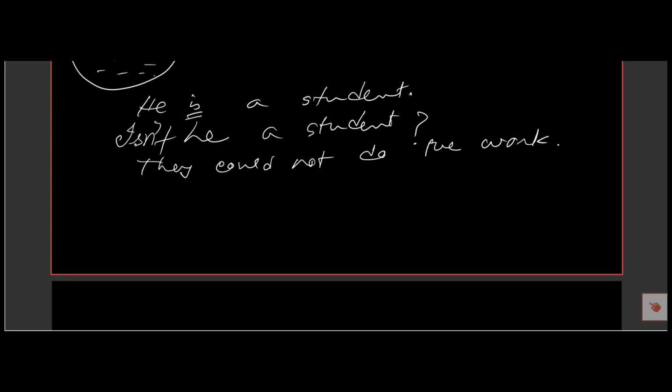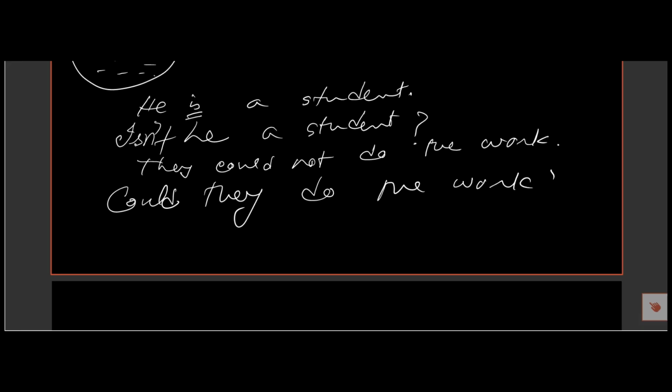After the subject, before the subject, "could" will come first, so "could" and "not" is avoided: could they do the work. This is the interrogative sentence, assertive to interrogative.